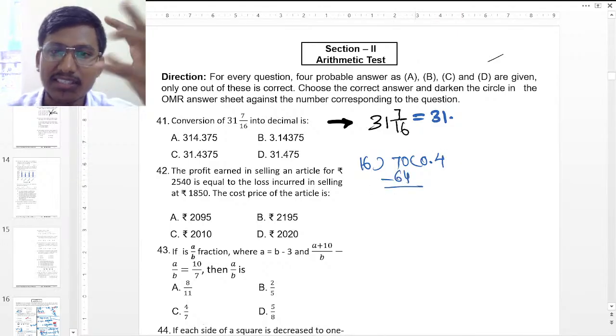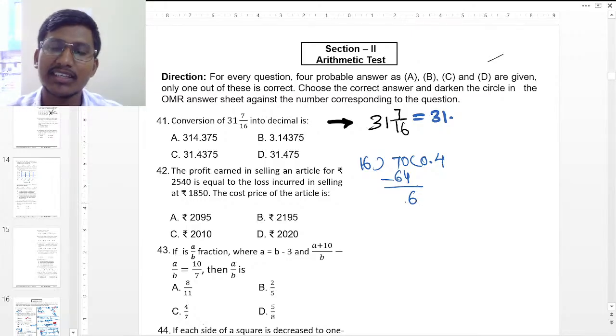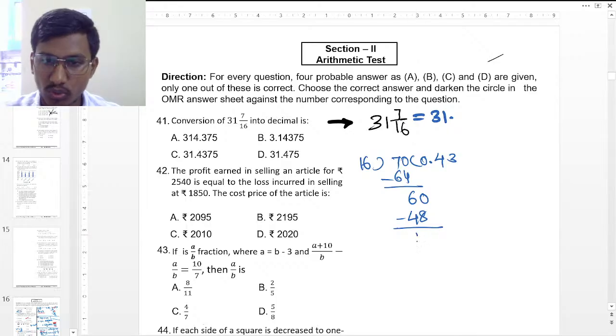If you subtract, the answer will come as 6. Then, as the decimal point is already there, we can take a 0, so it will be 60. 16 times 3 is 48. If you subtract, the answer will come as 12. Like that it will go on.